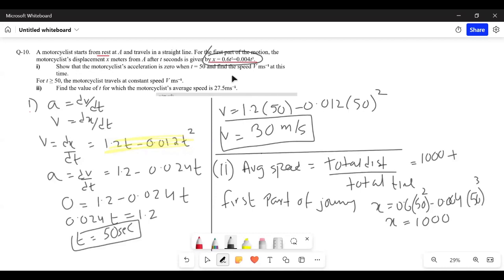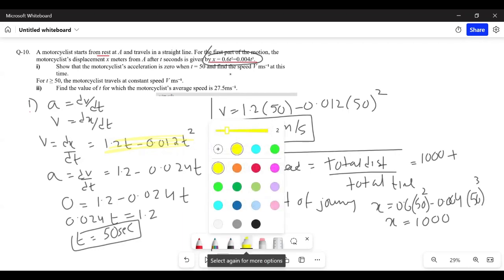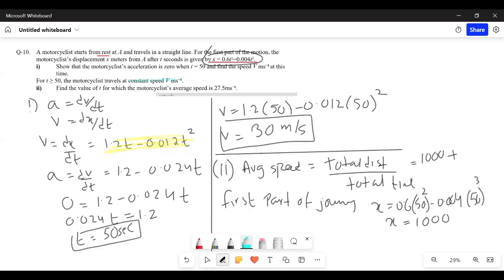What is the distance of the second part of the journey? We are told that the speed is constant. We know speed equals distance over time. Time is greater than 50, let's call it t, and speed is constant, let's call it v for now, and that gives us the distance.